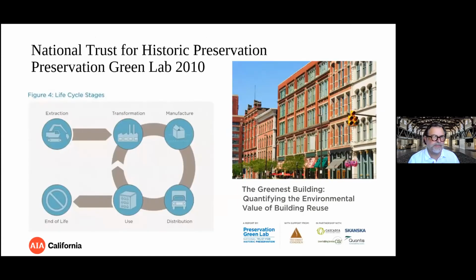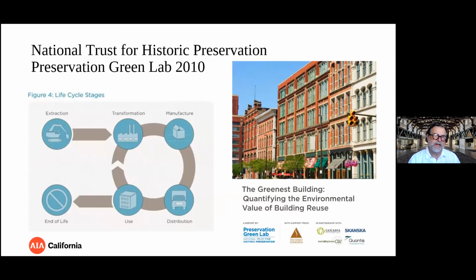And then the trust updated this thought process in 2010 when they did a publication called The Greenest Building. I hope most of you have heard: the greenest building is the one that's already built.